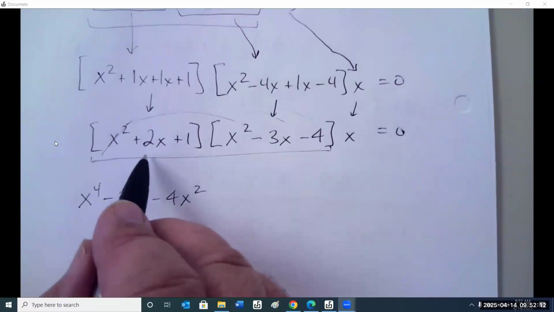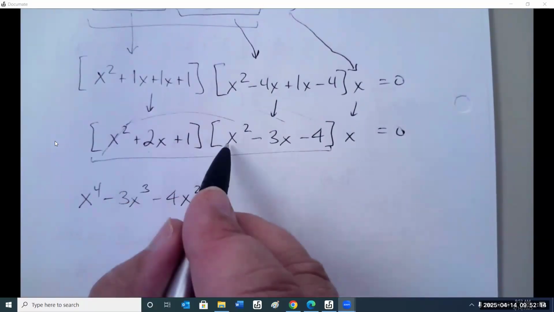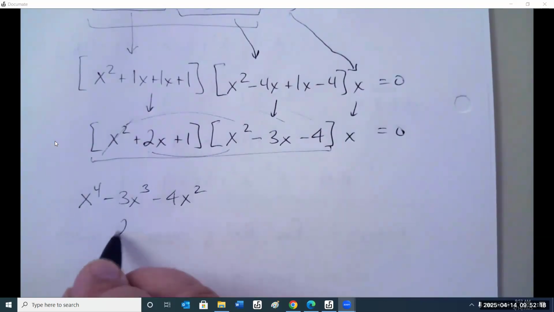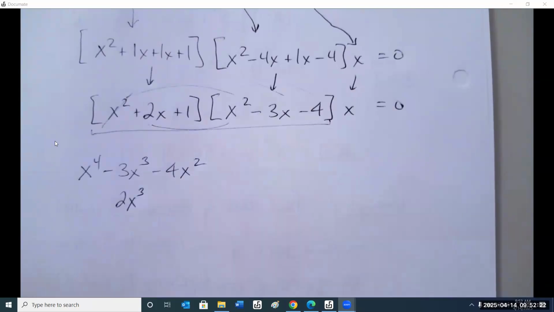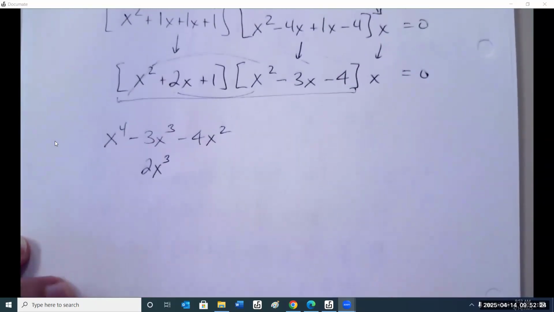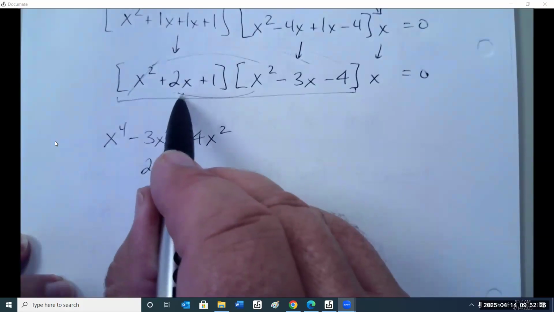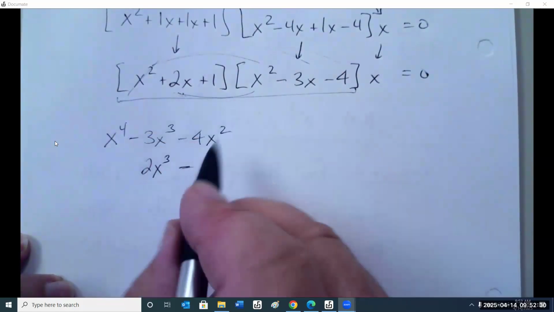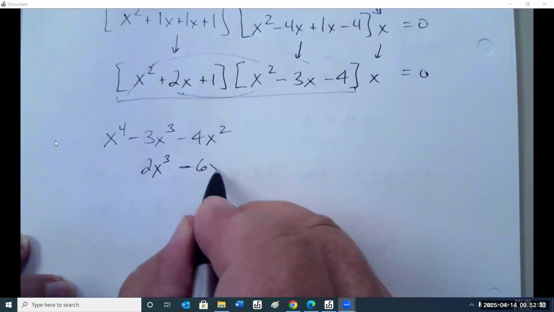Now the next one, we have 2x positive and positive times x squared. I'm gonna line them up, much faster. And we have positive times negative is negative. 2 times 3 is 6, x squared.